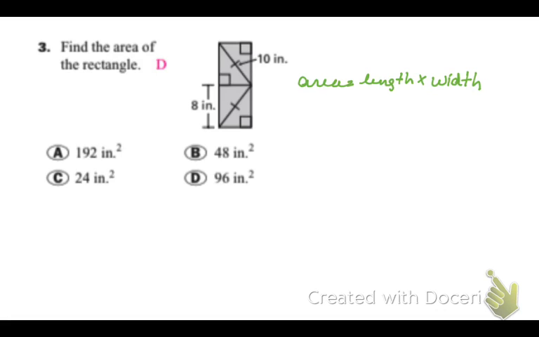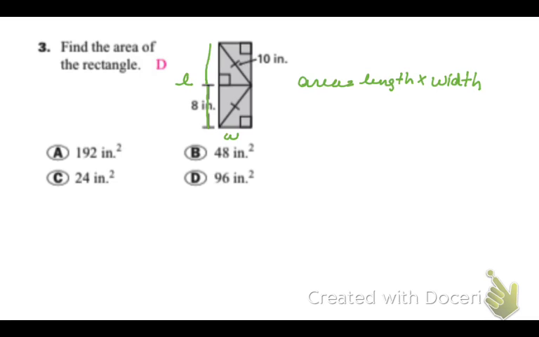So how do we figure out our length times width? Here's going to be our length, and here's going to be our width. We know this part of our length is 8 inches. So right off the bat, we'd love to say that the top part here is 8 inches also. But what gives us the ability to say that?